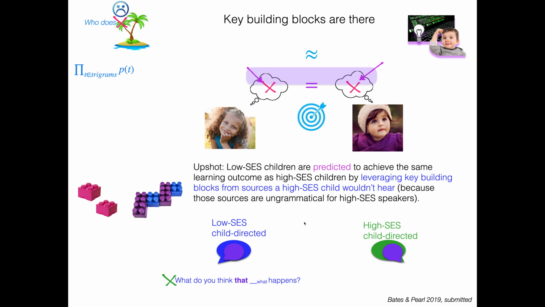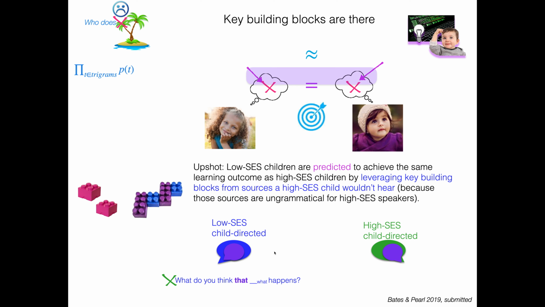So the upshot is that lower SES children are predicted to achieve the same learning outcome, certainly with respect to whether and adjunct islands, as higher SES children by age 4, by leveraging key building blocks from sources that a higher SES child wouldn't hear, because these sources are ungrammatical for high SES speakers, right? You're getting the same knowledge about the complementizer that, but from different places.